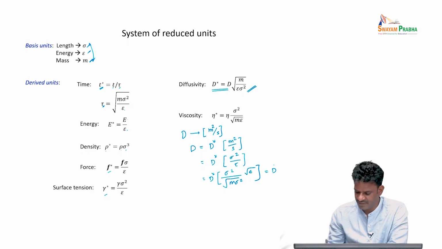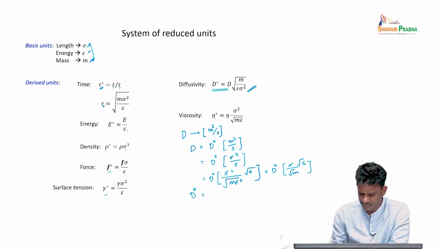And then if you simplify this, you get, so from here you can write D star is equal to D times square root of m by epsilon sigma square.